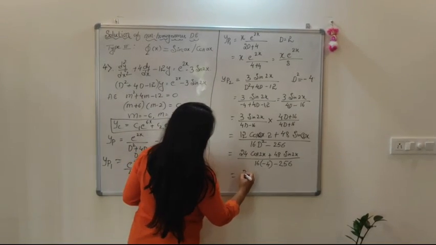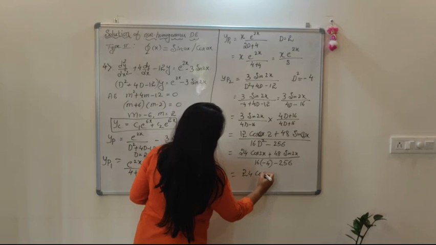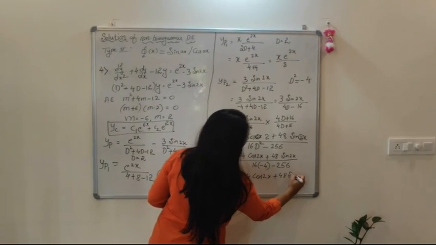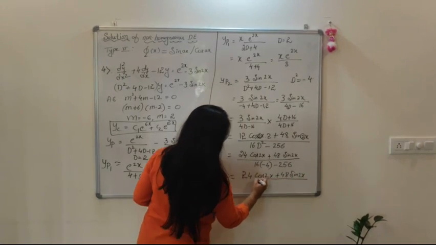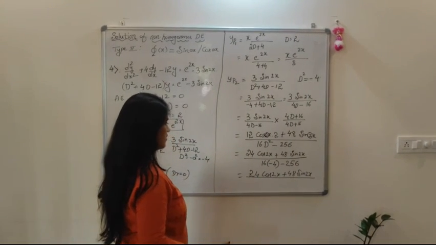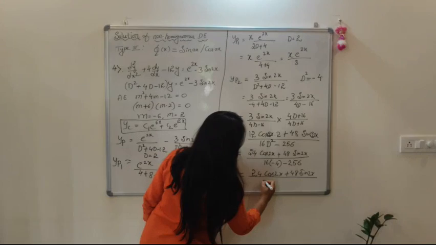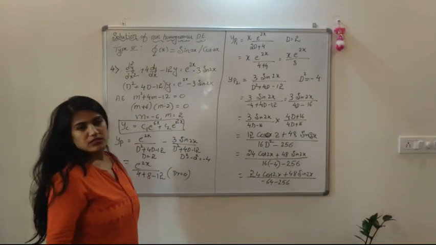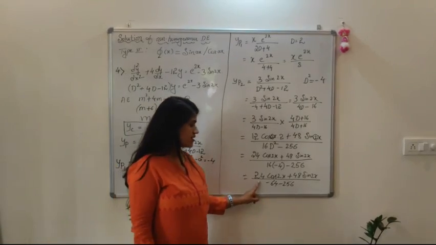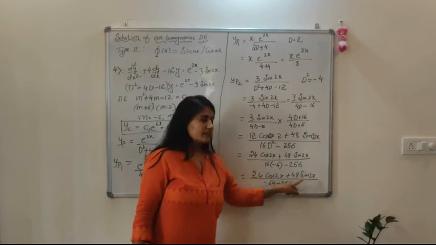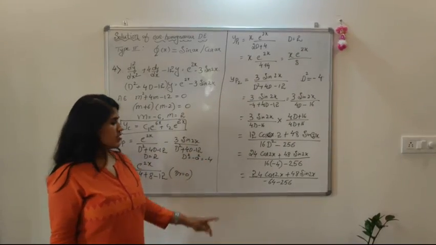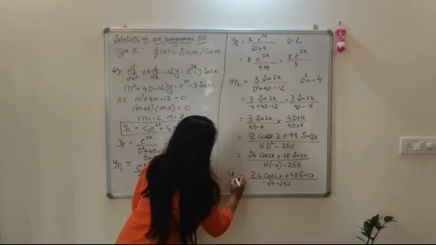So we have to add both, and we get 320. The denominator is minus 320: 24 cos 2x plus 48 sin 2x divided by minus 320. So this is yp2.